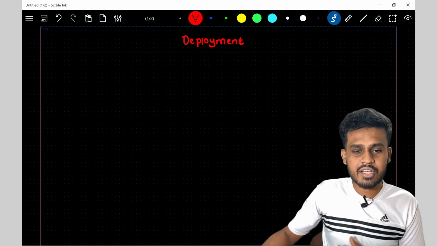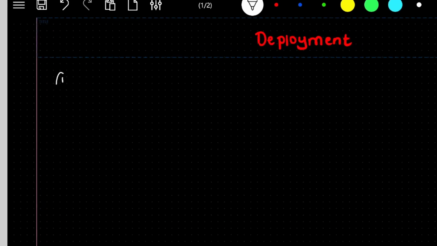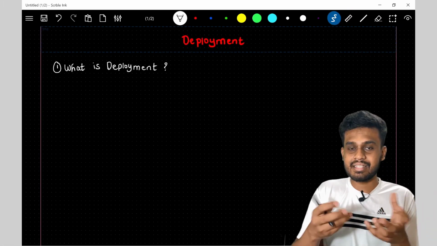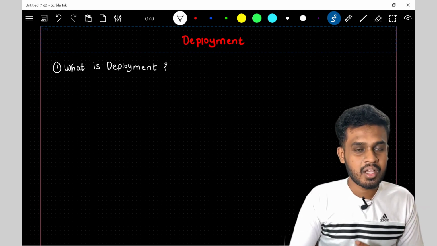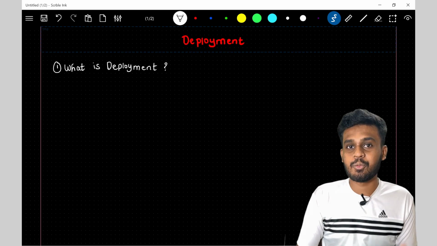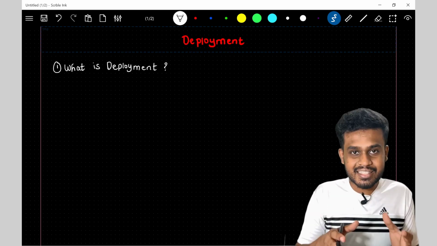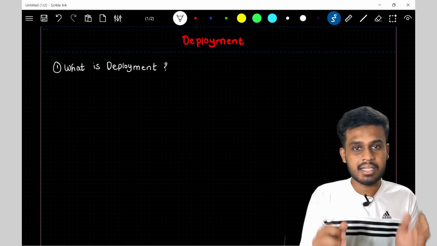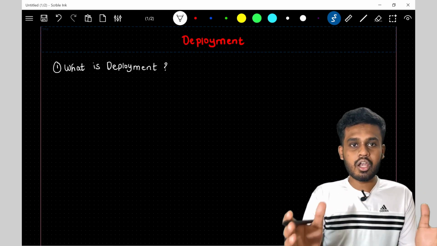Okay, so the first question one need to ask is, what is deployment? This is the first question you must ask before starting anything. What is the thing? What is the skill you are about to learn? So deployment is simply a way of making your projects which are in your computers or else laptops available for public. Okay, if I say public, sometimes it would be for all the public.